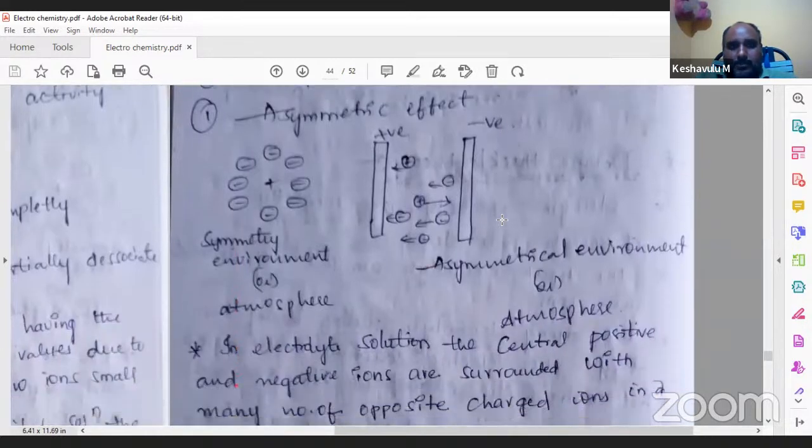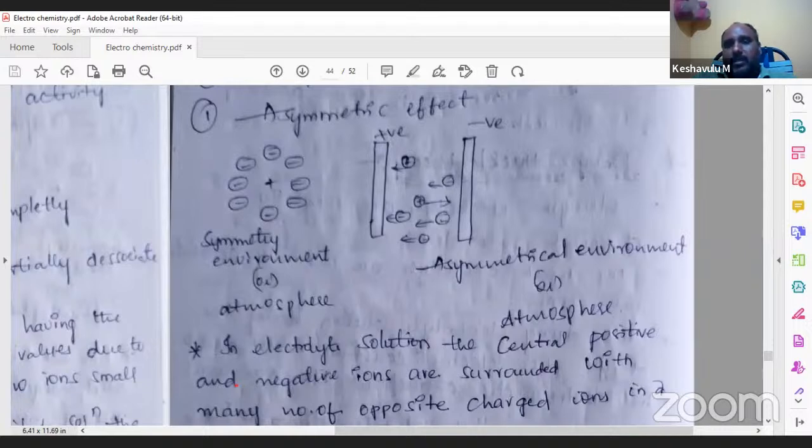Simple thing, right? Strong electrolytes, weak electrolytes: how they may have attractions between the ions. Then the force of attraction is directly proportional to Q1 Q2 by r squared. Then one ion is surrounded with many oppositely charged ions, and their interionic effect will be developed.